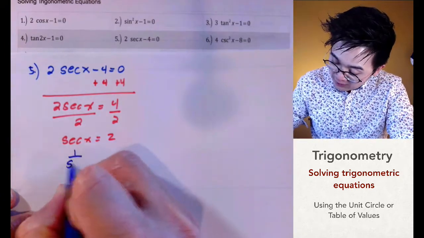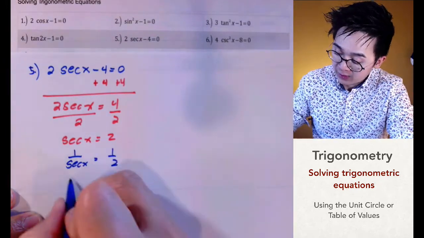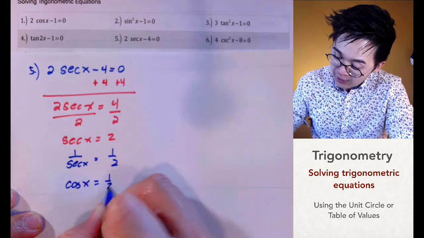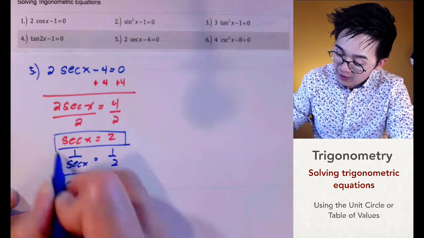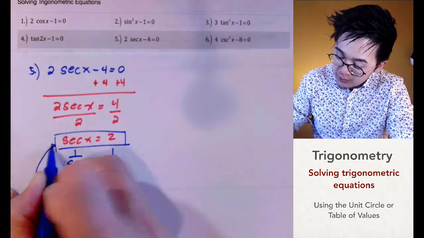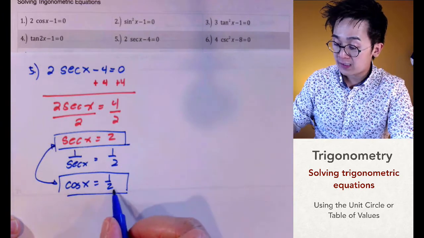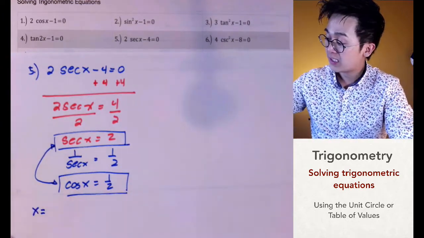So 1 over secant x is the same as 1 over 2. And the inverse of secant x is going to be cosine x. So now secant x and cosine x equal to 1/2 are related. So we can use our table of values and look for cosine x equal to 1/2, so we can find our solution for this secant function.